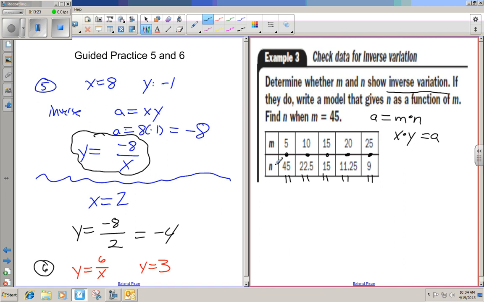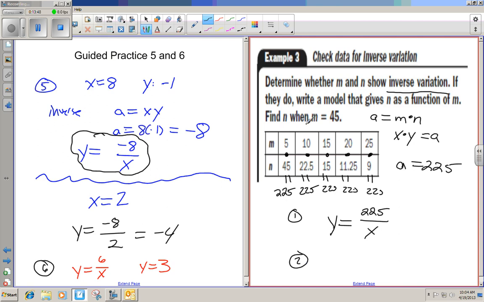Now, if you did this, you should see that 5 times 45, all of them add up to 225. So that tells us that a is 225. If you're writing the equation, y equals 225 over x is your equation. That's part 1. Part 2 says let m equal 45. All right, well, this is where it's going to be a little bit tricky.